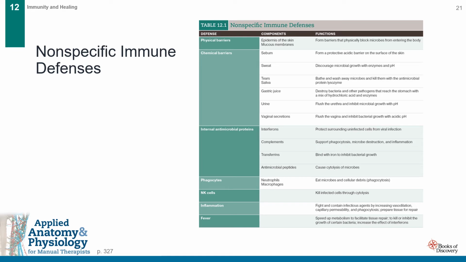Inflammation fights and contains infectious agents by increasing vasodilation, capillary permeability, and phagocytosis. It also prepares the tissue for repair. And fever. Fever speeds up metabolism to facilitate tissue repair, to kill or inhibit the growth of certain bacteria, and to increase the effect of interferons.